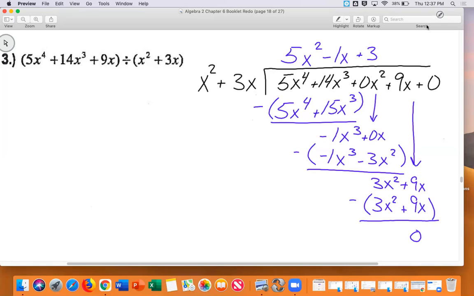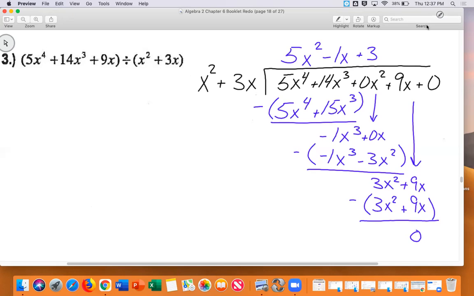Wait, how did you get the 5x squared? This times this needs to give me whatever that is. Has to. Otherwise, you're doing it wrong. Notice these two are always the same number.